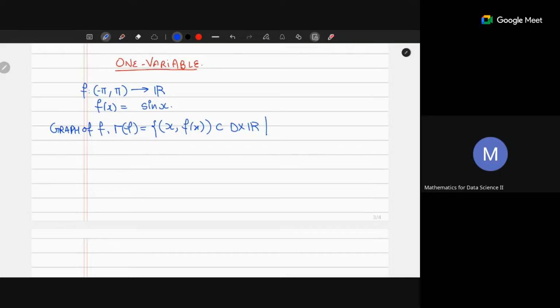In our case, the range is R, and we will only be working with scalar valued functions. So the graph of a function is a subset of this Cartesian product space D cross R, where D is the domain and R is the range. Okay. All right. So this is the definition of the graph.